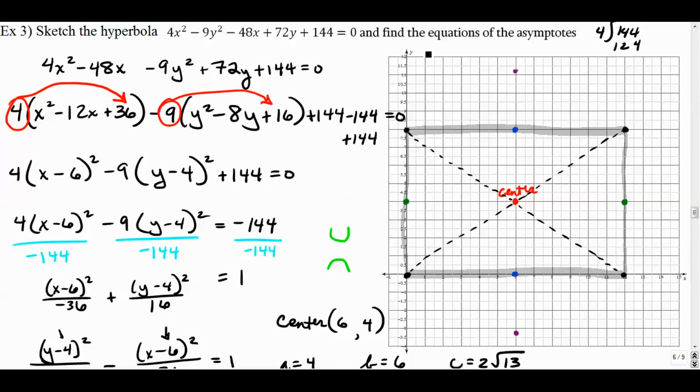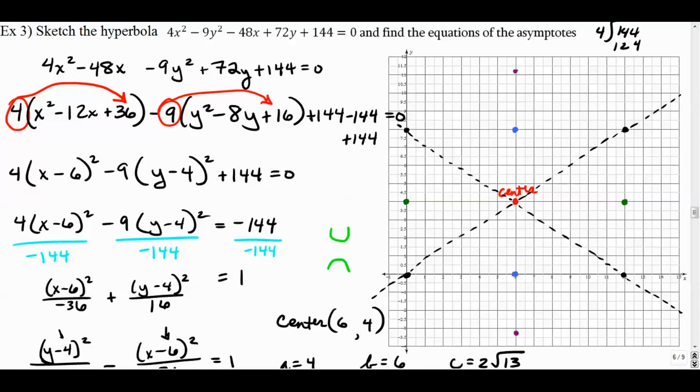And if you're working at home, you definitely want to use a ruler for that. And maybe I'll just get rid of that conjugate rectangle now. So now I can see pretty easily that I have asymptotes, and I'm going to extend them a little bit more. I have asymptotes that are guiding my hyperbola.